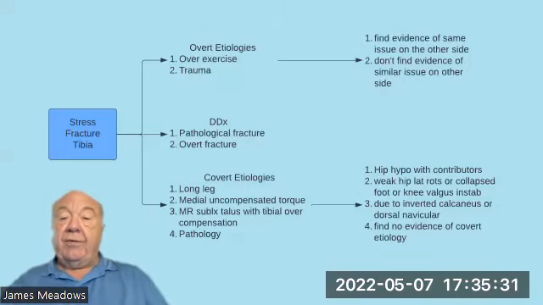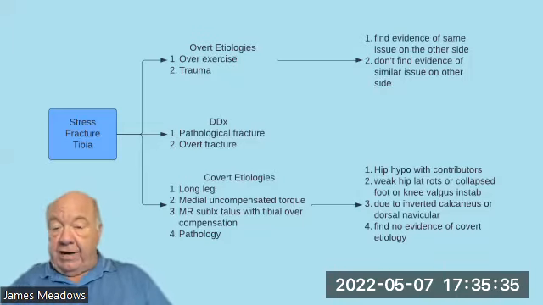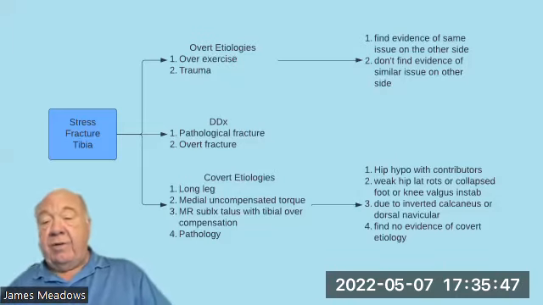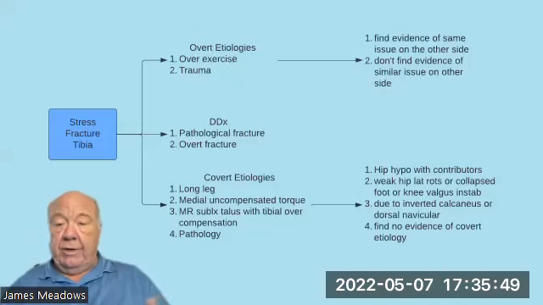So first off, the differential diagnosis of a stress fracture is pathological fracture and an overt fracture. Sometimes there are bits about the trauma that don't seem like they should be that stressful. I'll give you an example. My wife fell with her hands in her pockets. She slipped on some ice, fell down, and fractured a distal radius.